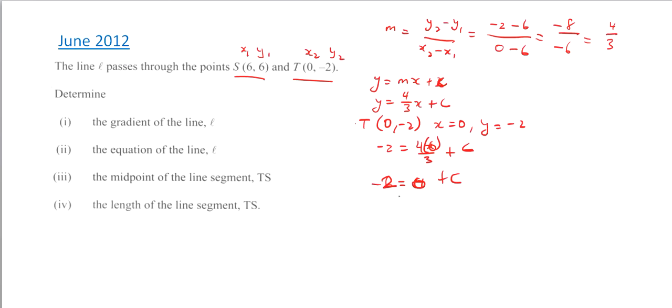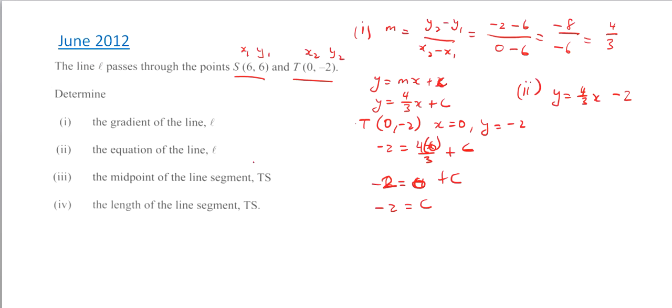Sorry about that. So therefore, -2 is equal to c. Alright, so therefore the equation of the line will be y is equal to 4 over 3 x minus 2. Right? So this is the final answer for the second part. That is the equation of the line.